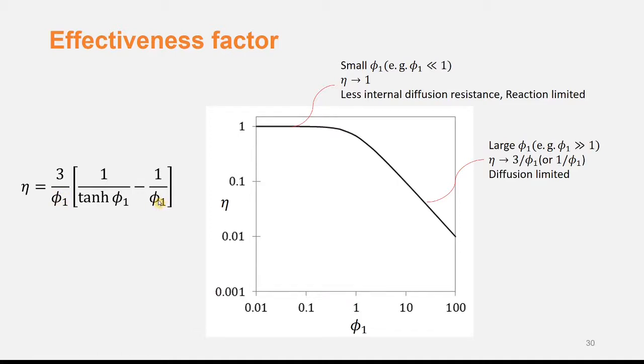It is simply the square root of k times R squared divided by the diffusivity coefficient. And we can use this to get eta from our formula.